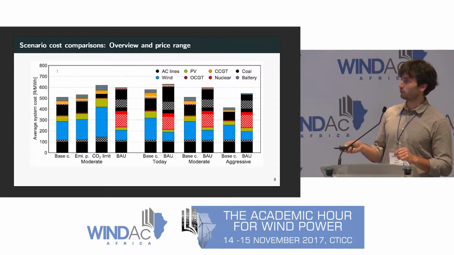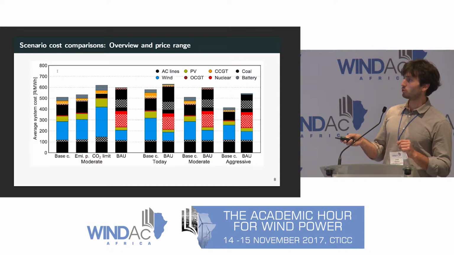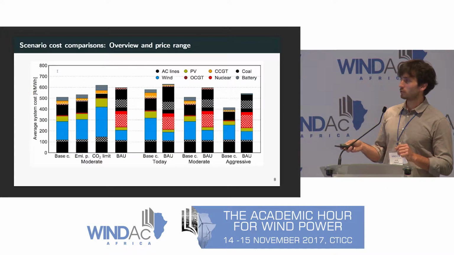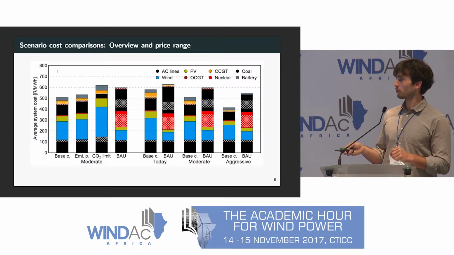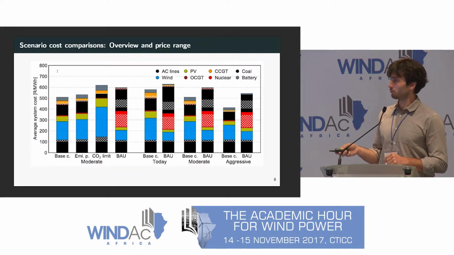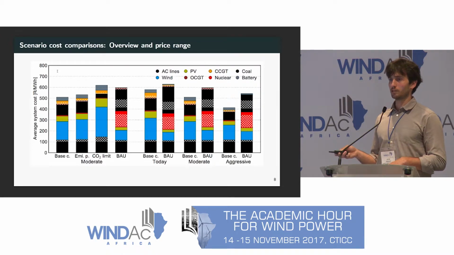For the prices you have today, where you also would be cheaper by just going with a lot of new renewables, no new coal capacities, no new nuclear capacities, to the moderate price reductions for renewables, to an aggressive price reduction of renewables as it was forecasted by Bloomberg New Energy Finance, for example.